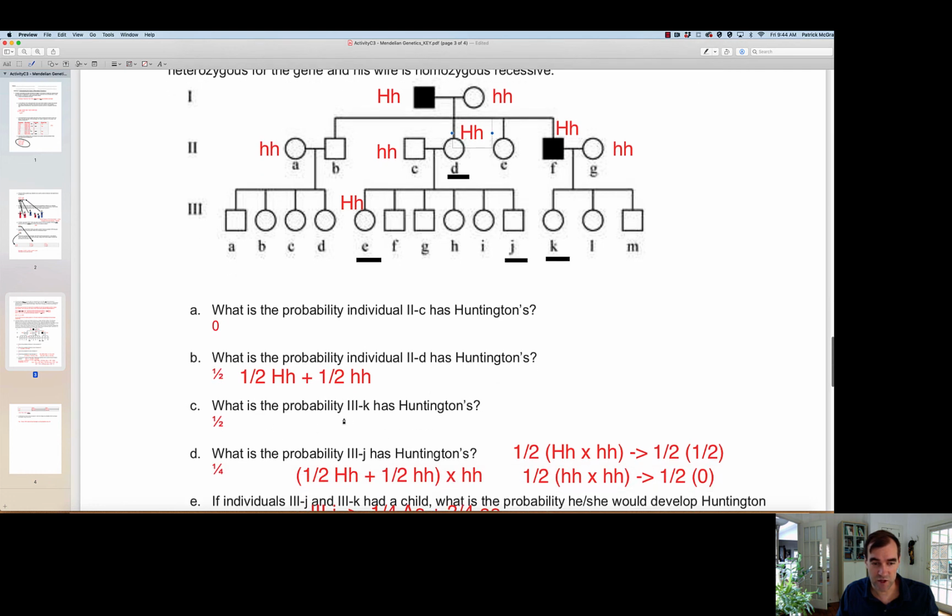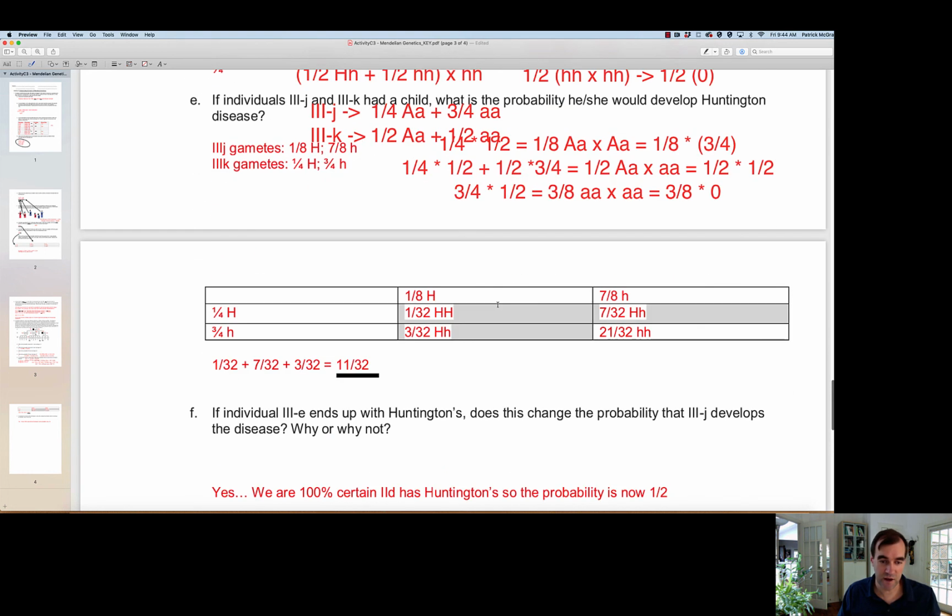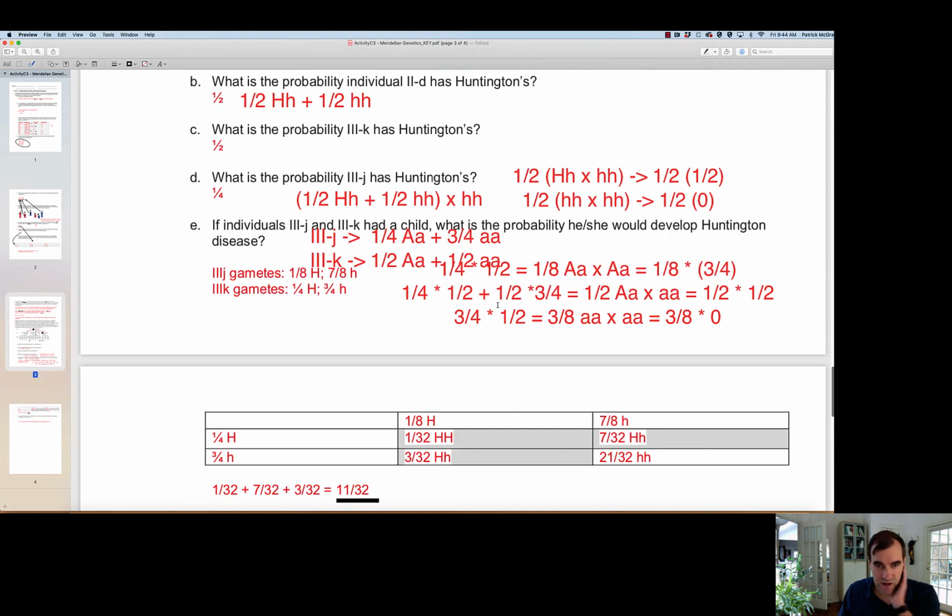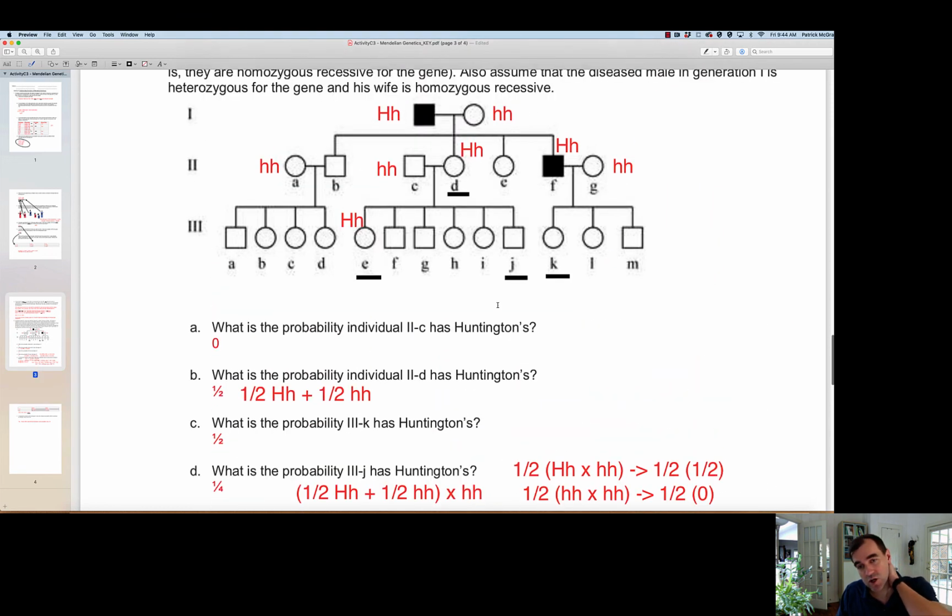And so 3J formerly had a 1/4 chance of having it. And so now that individual has a 1/2 chance of having it, because now we know that the cross is this times this, and in that case it would be a 50% chance that they pass it on. So again, this kind of follows the way pedigrees work.